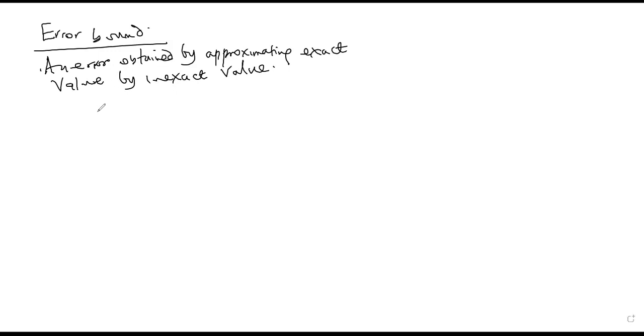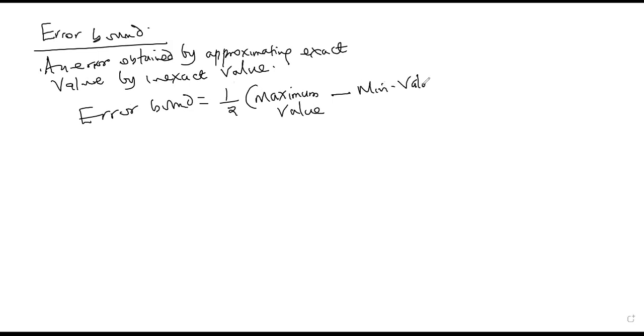And mathematically, the error bound is always equal to 1/2 of the maximum value minus the minimum value.